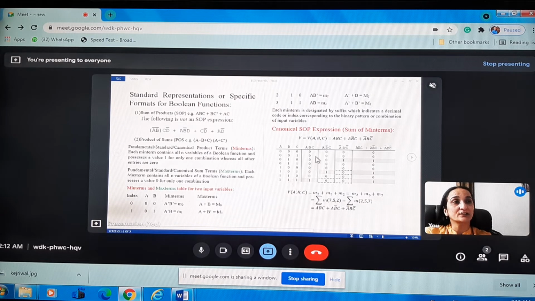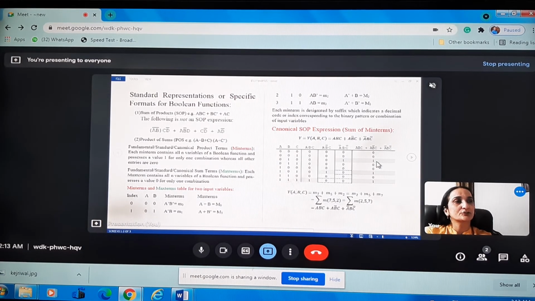Now when these product terms are ORed together, the OR gate will output a 1 for each of these product terms. So we will get output 1 for 3 rows: the second row, then the fifth row, and then the seventh row. So we can write this canonical SOP expression in shorthand notation using minterm notation.